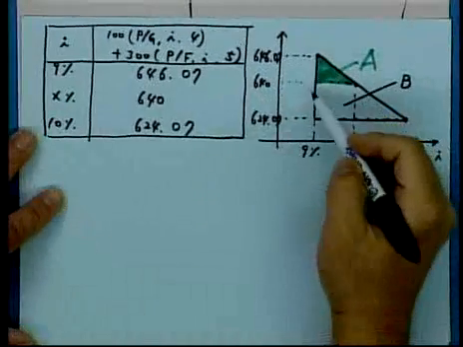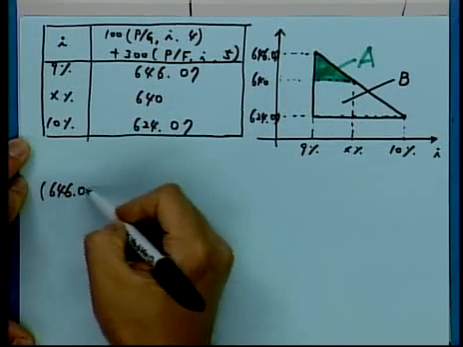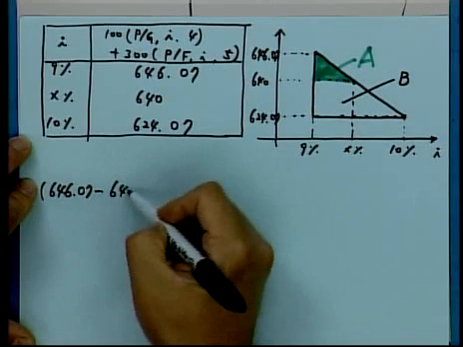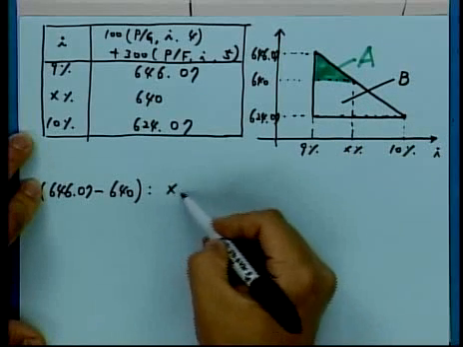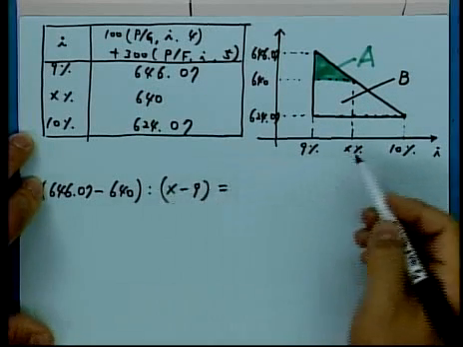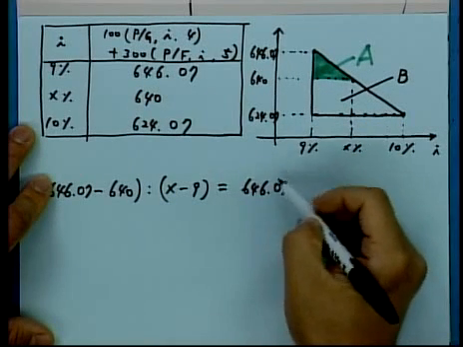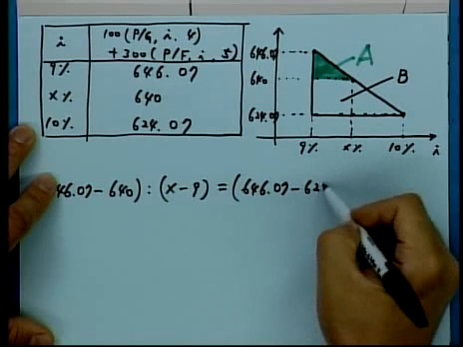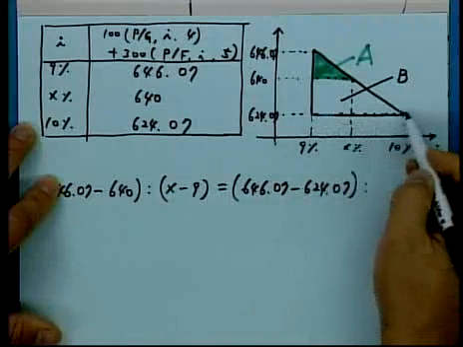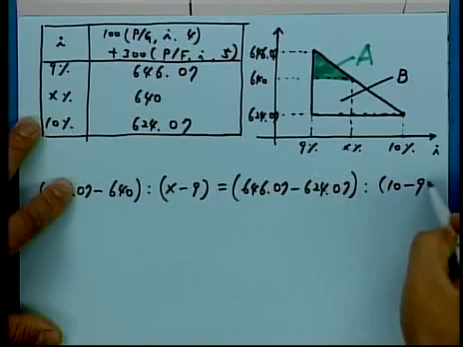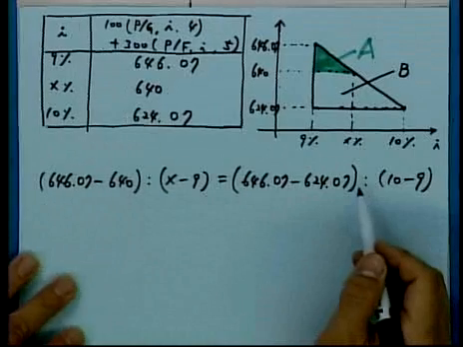So the height of triangle A is 646.07 minus 640 versus the base of triangle A, that is x minus 9, equals height of triangle B, 646.07 minus 624.07 versus the base of triangle B, that is 10 minus 9. Okay? And the inner product equals the outer product.